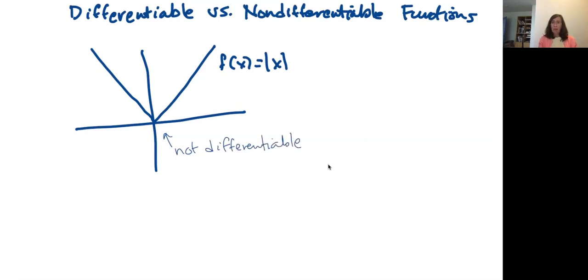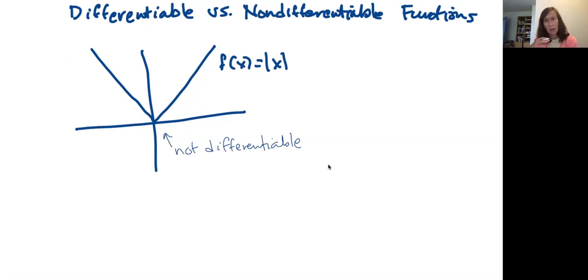In general, functions that have these pointy corners are not differentiable at that point. You can take the derivative of the absolute value function any place other than 0. They're just lines, either the line y equals x on this range and y equals negative x on that range.